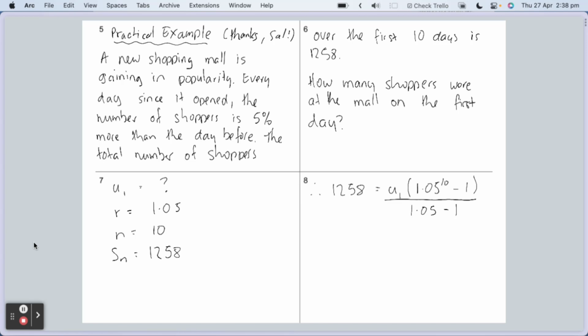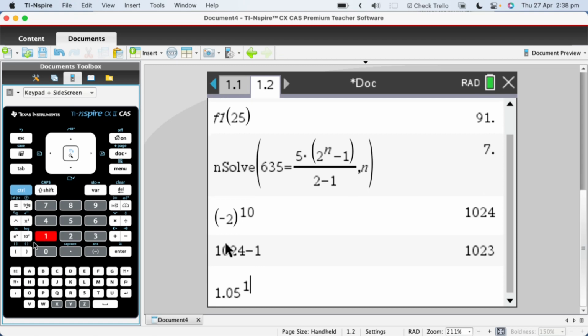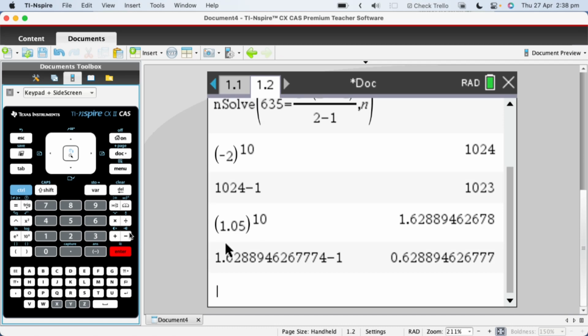1258 equals U sub 1 times 1.05 to the power of 10 minus 1, all over 1.05 minus 1. I'll do part of it on the calculator. 1.05 to the power of 10, and then subtract 1: 0.6288.